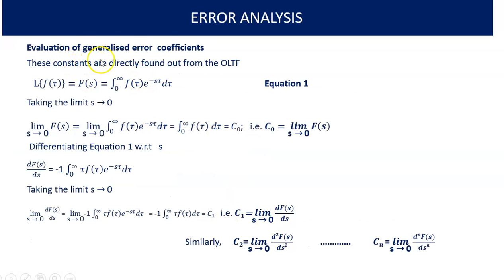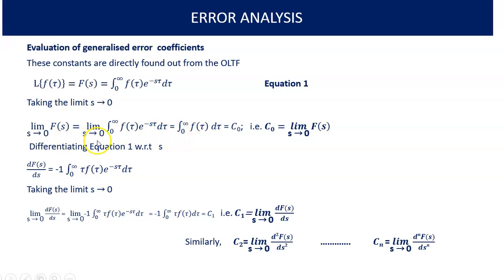Now the evaluation of these generalized error coefficients. How will you find this C0, C1, C2, etc.? Now Laplace transform of f(tau) from the basic definition is F(s), that is equal to integral with the limit 0 to infinity f(tau) e raised to minus s tau d tau. Take the limit as s tends to 0. So limit s tends to 0, F(s) is equal to limit s tends to 0 integral 0 to infinity f(tau) e raised to minus s tau d tau.